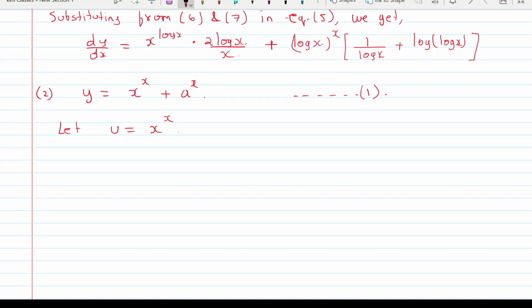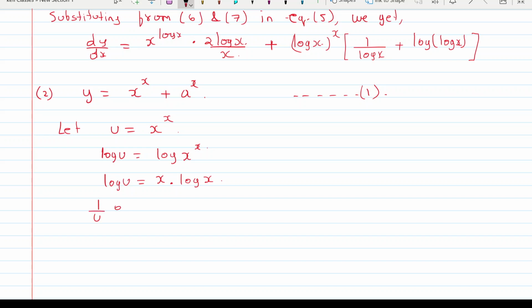भूल गया तो रहेगा. तो ये क्या आएगा? u is equal to x raised to x. So log u is equal to log x raised to x. So log u is equal to x into log x, right? अभी इसको डिफरेंशिएट करो.